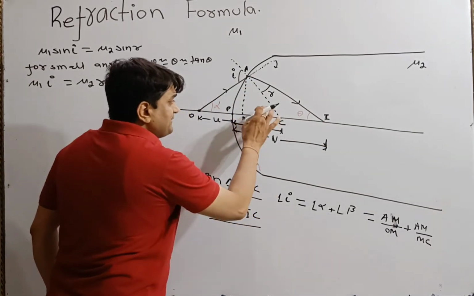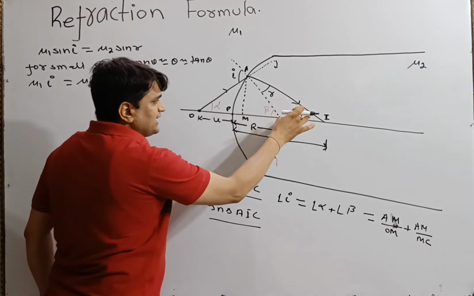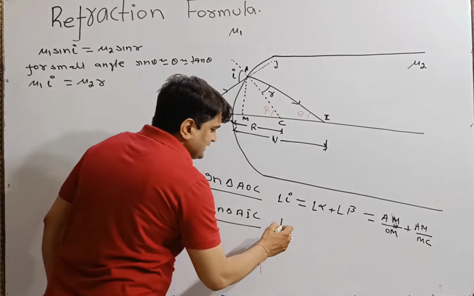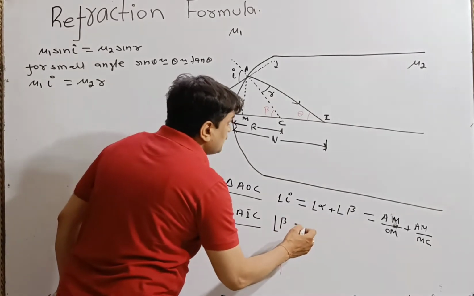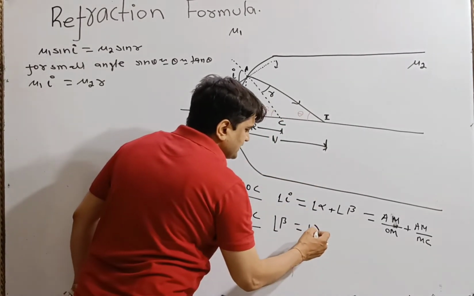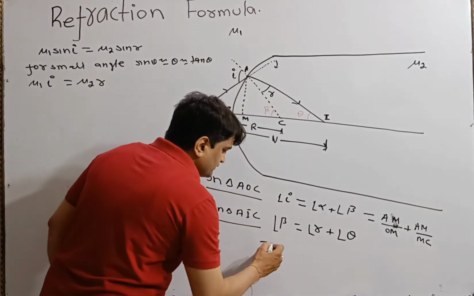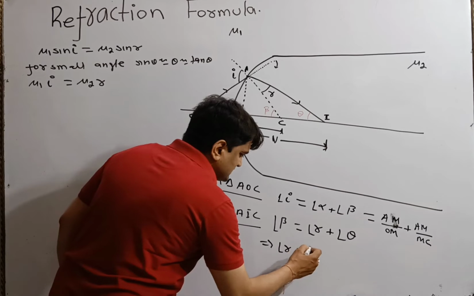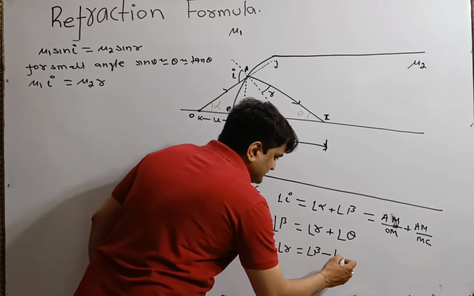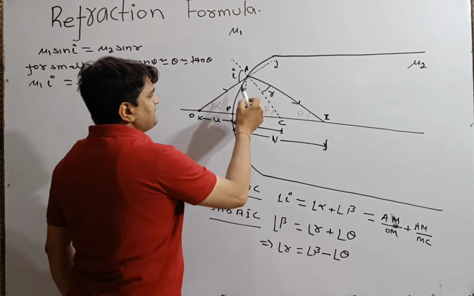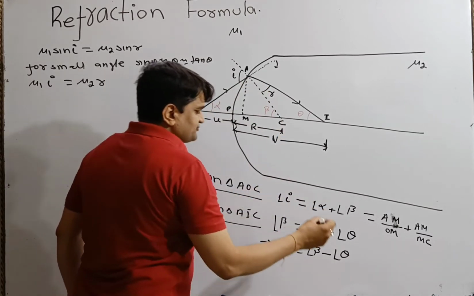beta is the exterior angle and alpha, r and theta are the interior angles. So you can write angle beta will be equal to angle r plus angle theta. Now we can write angle r as angle beta minus angle theta, and beta in triangle ACM is AM upon MC.